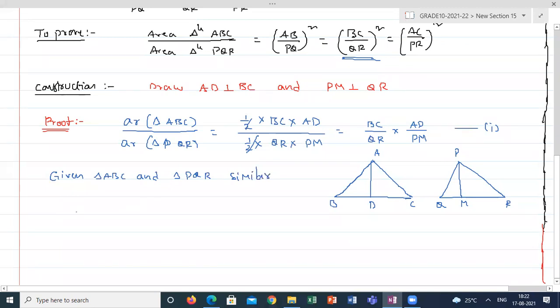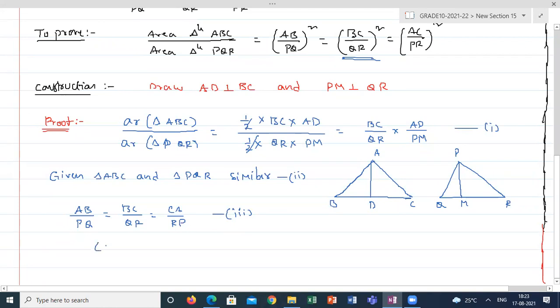So I can write from the given AB by PQ is equal to BC by QR is equal to CA by RP, corresponding sides. This is my second expression. This is my third equation I am taking.